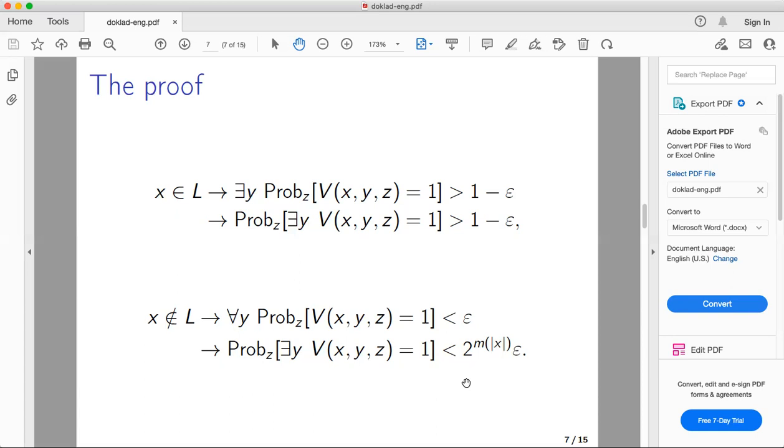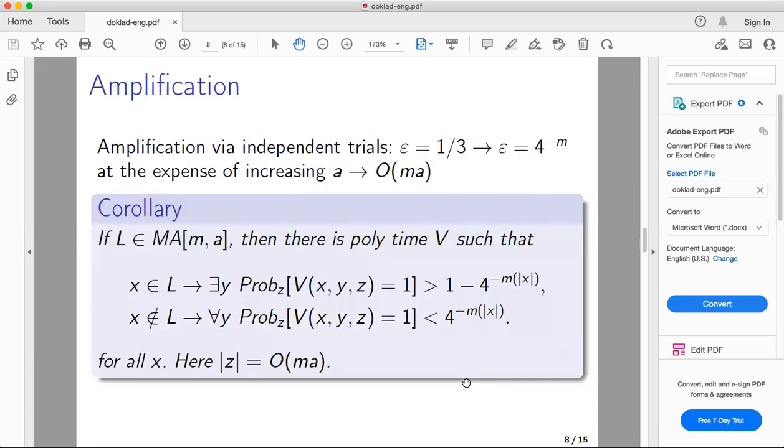That means that if we consider MA protocols where the probability of error is exponentially small, that means less than 2 to the minus m times 1/3, say, then in the transformation of MA protocols to AM protocols, we do not need to change the proof checker.